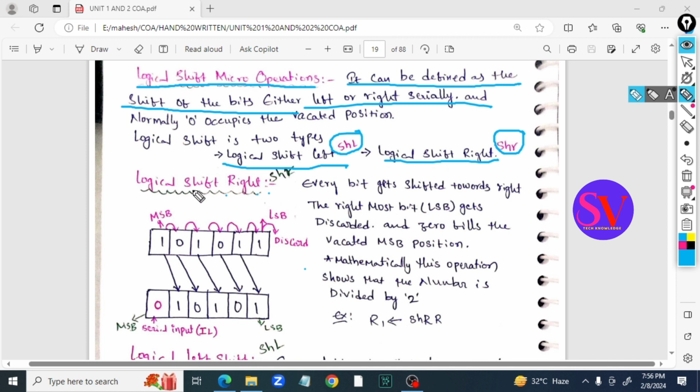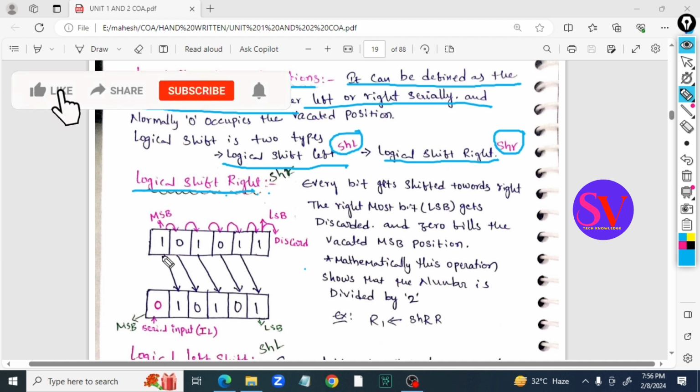Next, we will discuss logical shift right. We have register bits like 101011. Shift right means every bit will shift one position to the right.